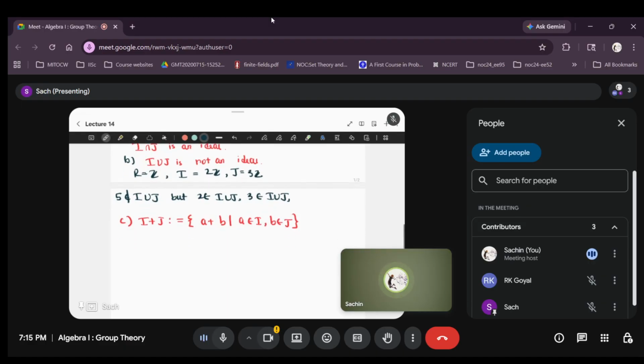Now, can you show that this is an ideal? Yes, it is an ideal, but how will you prove it?